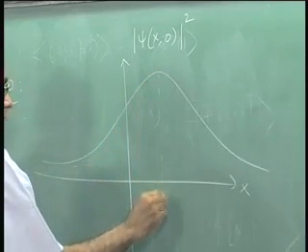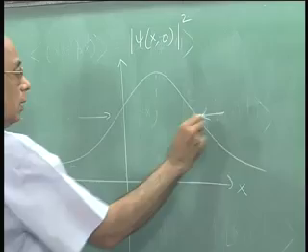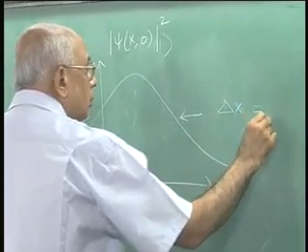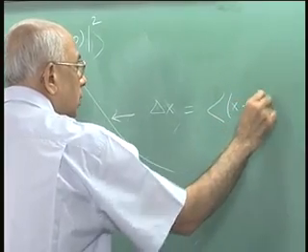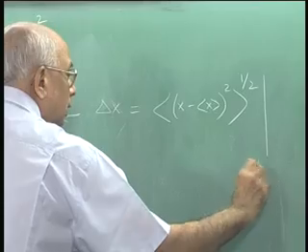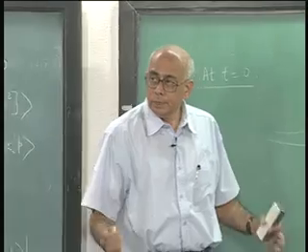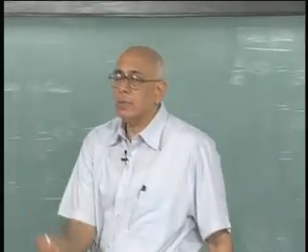There was some initial position x0 and there was some width here which is related to delta x, which is equal to the expectation of x minus average x whole squared to the power half at t equal to 0. That was my initial uncertainty in the position, and the initial wave packet was centered about some x0 say.